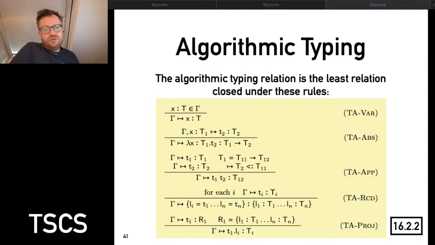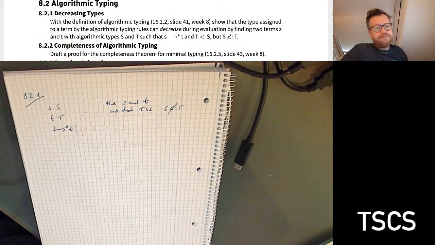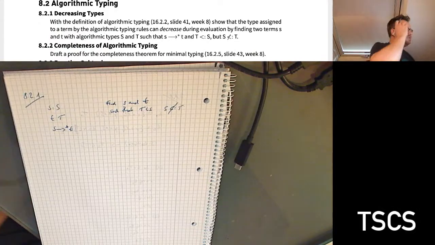And as you can clearly see, it's the T-app rule. You see there the premise in the middle. That's the only point where we actually have decreasing types. The other rules don't even mention subtyping at all. So the only rule that should be very interesting for us now to play around with is the T-app rule. Okay, so let's do this.